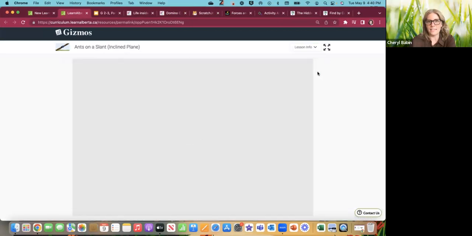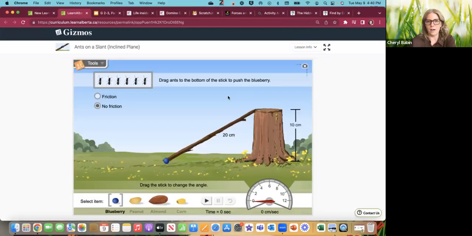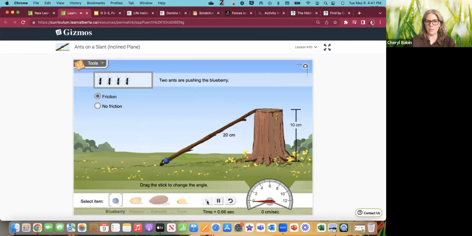But this particular one has this slant here, and what you can do is you can manipulate this to create some friction, and you drag ants to the bottom to see how many of them it will take to push the blueberry up, and if they can do it. There's too much friction. If we deactivate the friction, maybe we need more ants. So you can play with it in that way and play with the different materials as well.